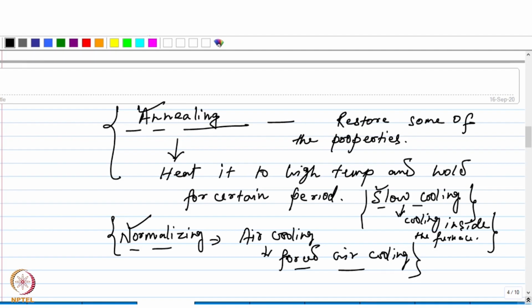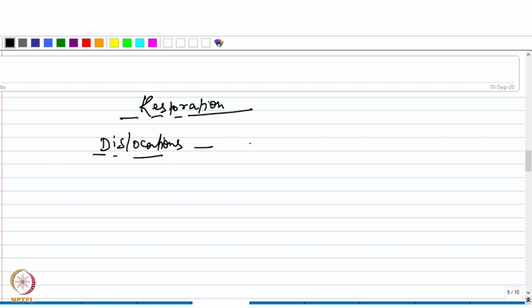So now let us try and understand what exactly happens during annealing, which restores the material. So you can say this is a kind of restoration process, restoration in the microstructure, which in turn leads to the restoration of some of the properties. Okay. If you look at this in terms of the dislocation mechanism, it is basically how the dislocations will be eliminated or annihilated from the material.